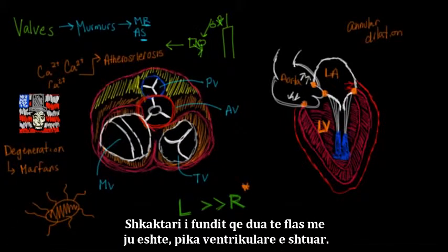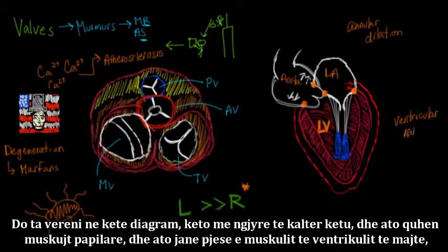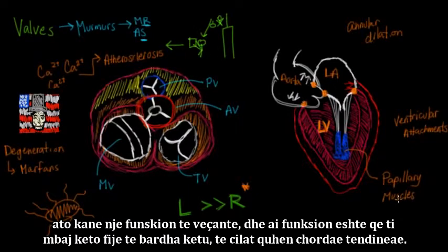The last major cause I want to talk to you about is ventricular attachment points. You'll notice in this diagram that we have these blue things right here, and these are called papillary muscles. This is actually part of the left ventricular muscle, but they have a specific function, and that function is to hold these white strings here, which are called chordae tendineae.